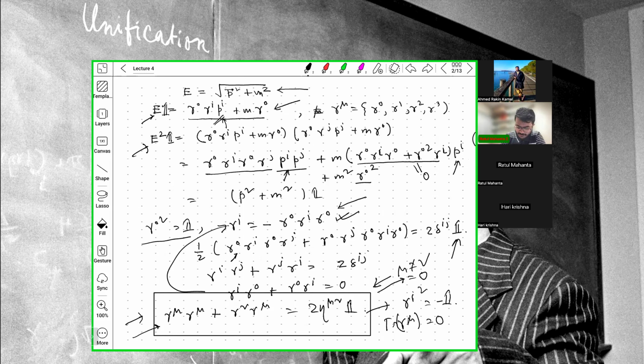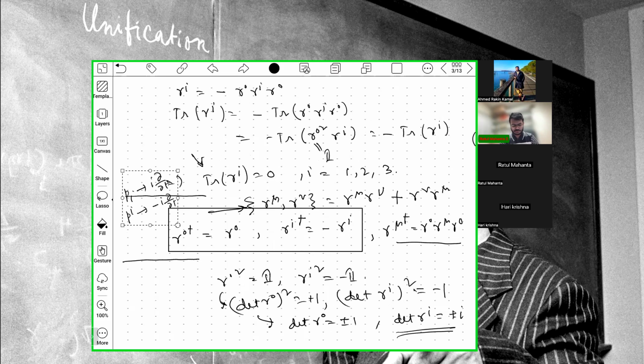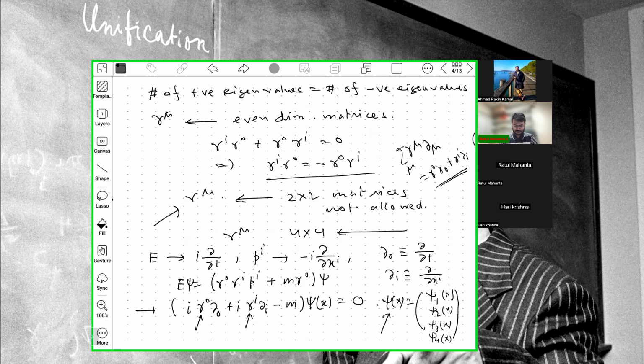If I do it properly, one should start with this. We know that p_0 goes to i del del t, but p upper i goes to minus i del del x. I have checked that this should solve this. Finally, one should arrive with a plus sign. Okay, thank you.